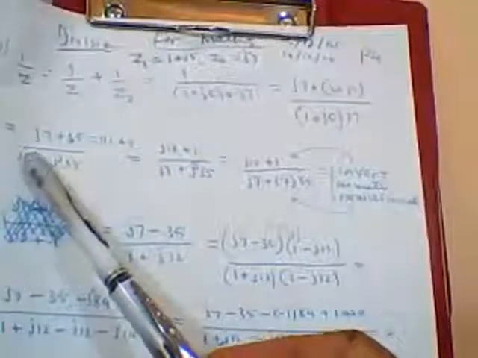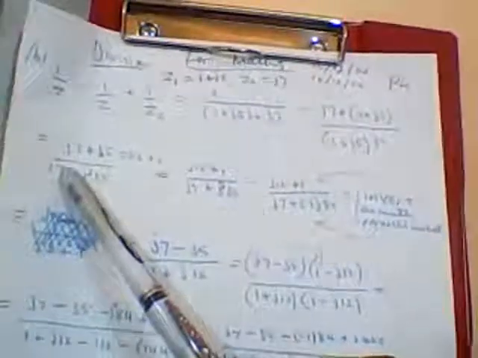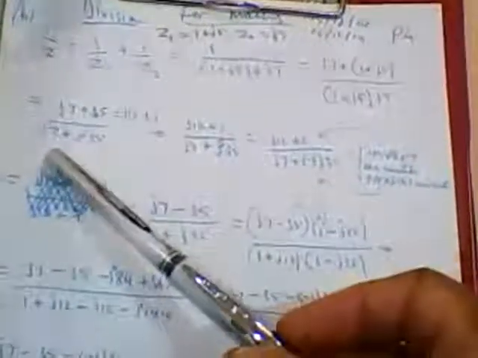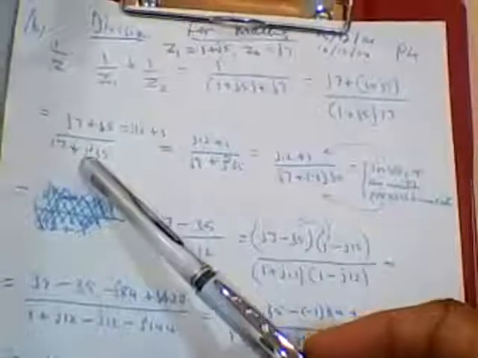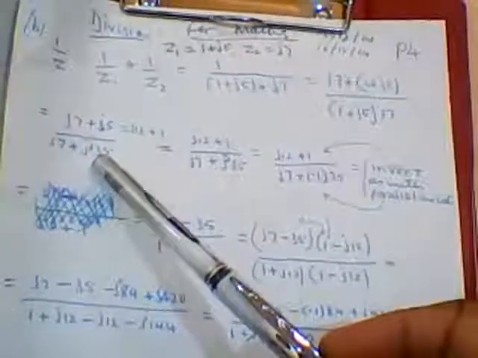Again, that's your result when you write it out. That equals j7, j5 over j7 plus j squared 35.